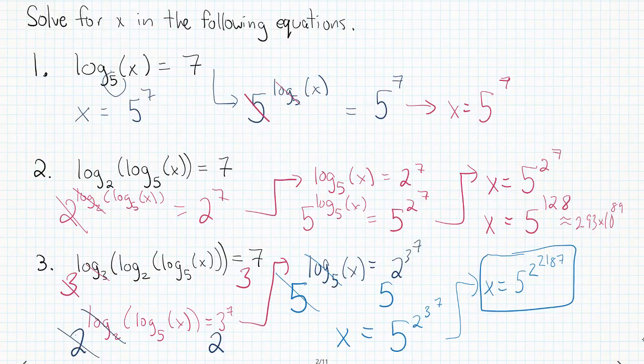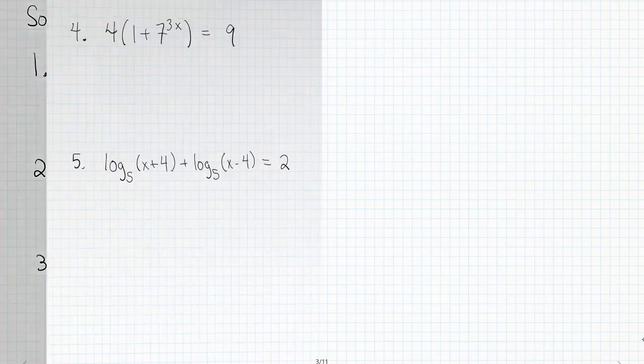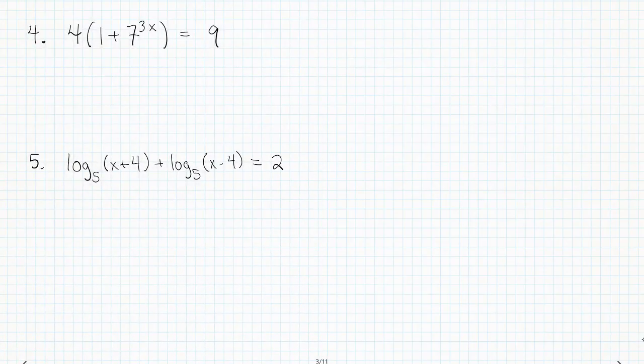Okay. All right. So moving forward, let's see what we can do now. Okay, we have 4 times the quantity 1 plus 7 to the 3x power equals 9. So our first step when we want to try and do this, we want to try and isolate the exponential part of this. So first things first, let's distribute.